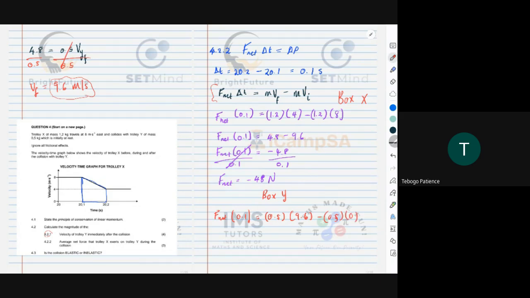Okay, this is going to be 0. So now, what is our direction? This is trolley Y. It was pushed, so I'm sure it's going to go to the east also. So this goes away.